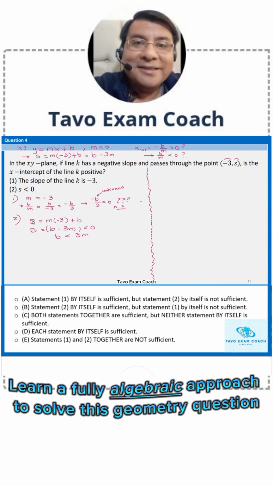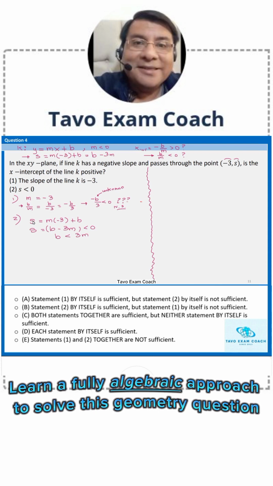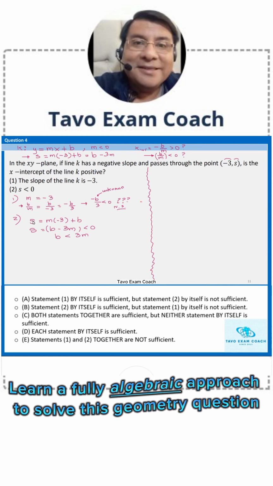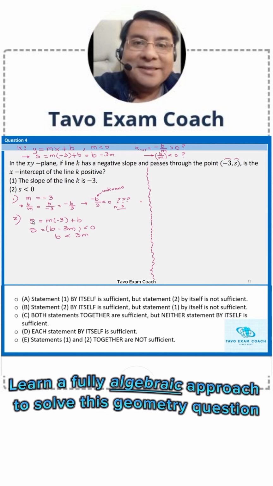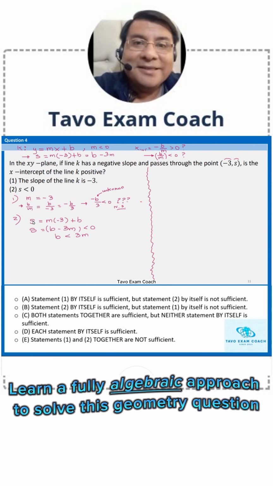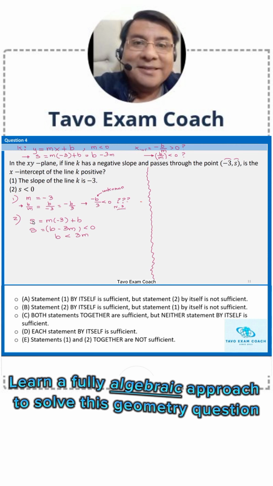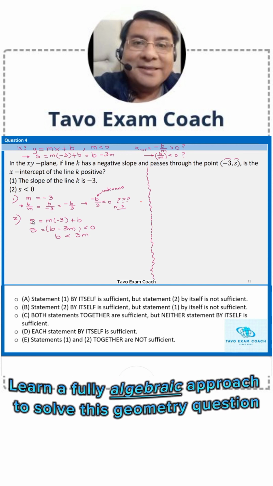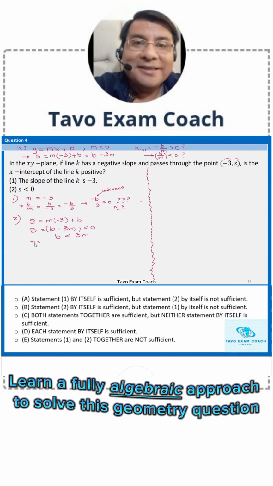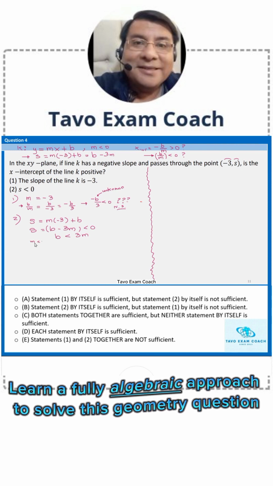But as we are interested in defining what the sign of b over m is, then we can form the ratio by dividing both sides by m. But let's remember something. If we are going to divide by m both sides of this inequality, let's remember that m is less than 0, right?